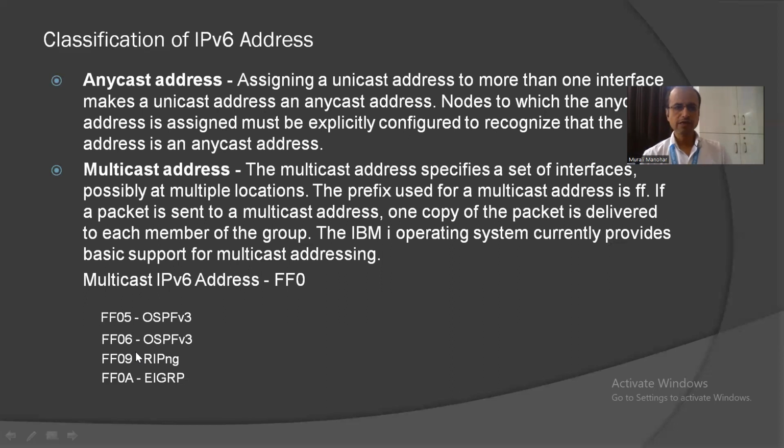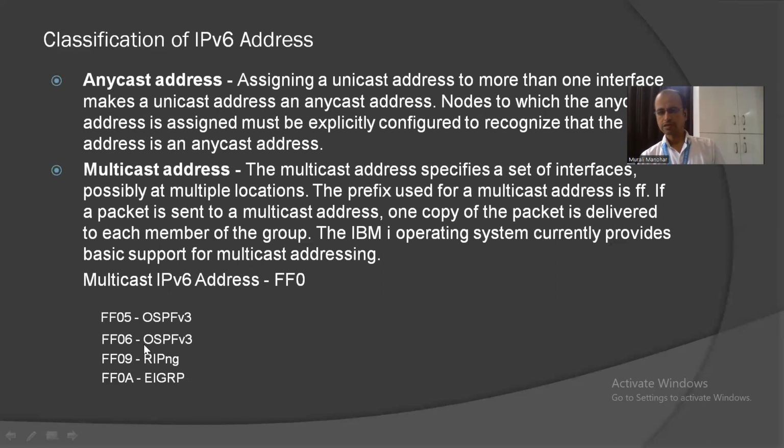Now the last point is multicast. Multicast address is used to transfer a single piece of data to multiple nodes. Multicast address is a predefined address that is assigned to different services. I have written a few examples here: FF05, FF06, FF09.